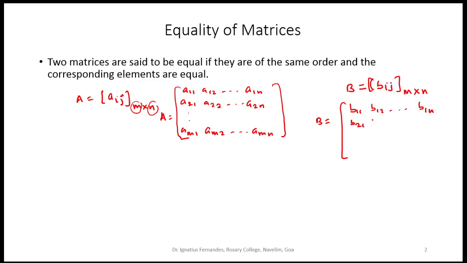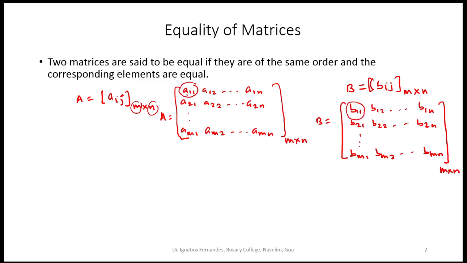So B21, B22 and so on, B2n and so on, BM1, BM2 and so on, BMN. Okay, so if I have these two matrices, we will say both these matrices are equal if their orders are same. Their orders are same right now, and every element in the respective positions, they should be equal.